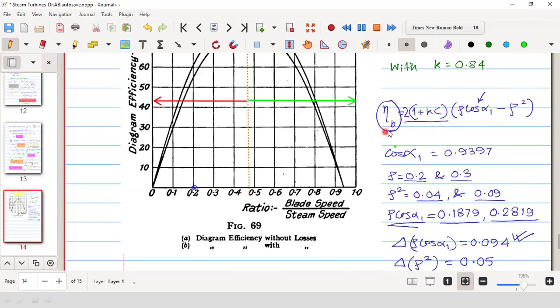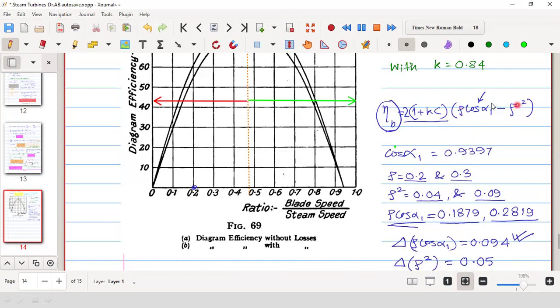Now say, for example, blade efficiency at 0.2 and blade efficiency at 0.3. This quantity is always constant for a particular blade and particular situation. Now if this quantity is increasing, then the blade efficiency will increase.